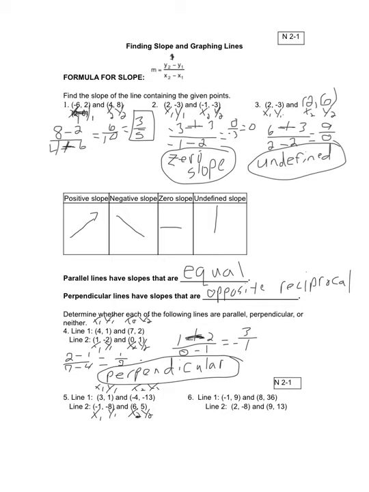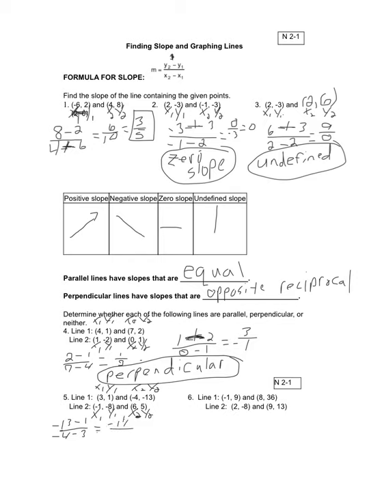Okay, so now on the first one, line 1, y2, this here is negative 13, minus, which is built in, y1 is 1, over x2, which is negative 4, minus x1, which is 3. Negative 13 minus 1 is negative 14.